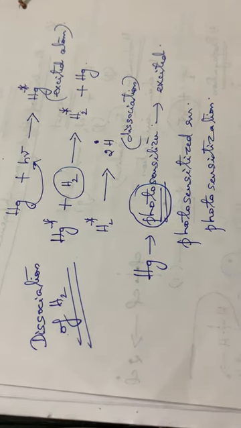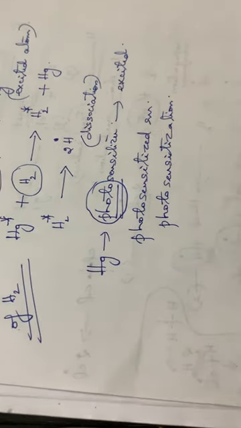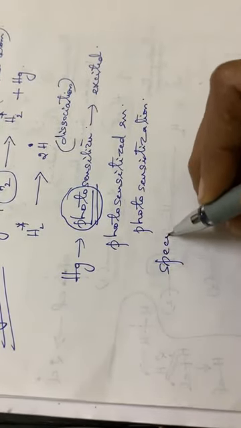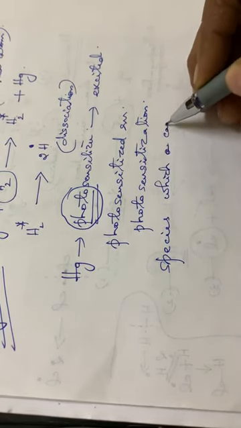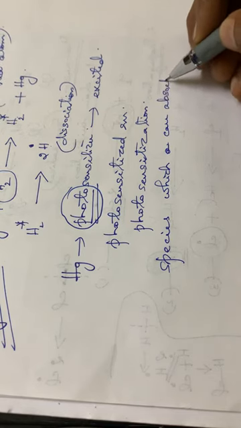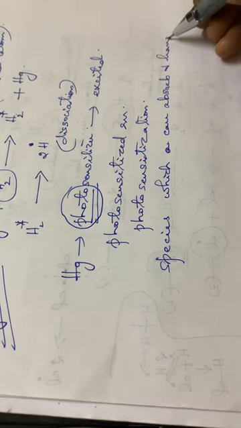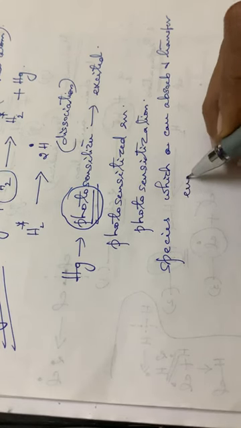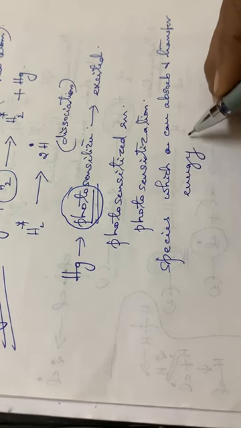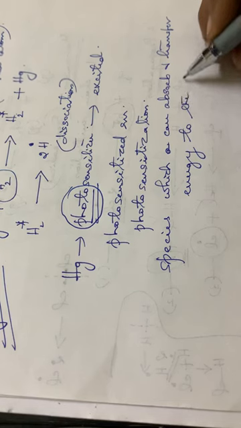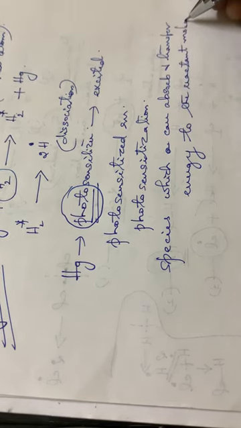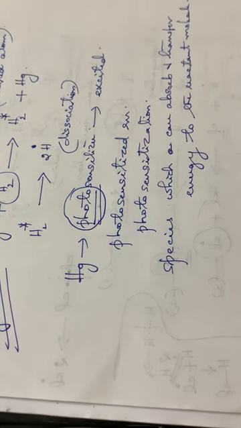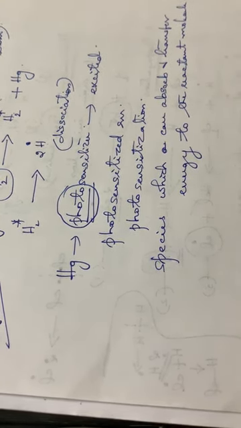So we can say that a photosensitizer means a species which can absorb and transfer energy to the reactant molecule. So here the reactant molecule is hydrogen, isn't it?